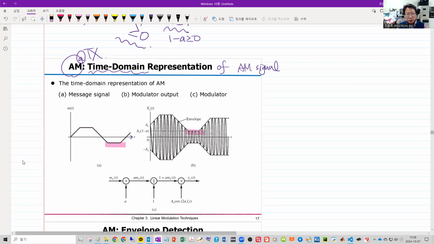Suppose this is our message signal, and it starts from 0 and looks like that. And the modulator output, so let's say this is the amplitude modulation modulator, AM modulator.